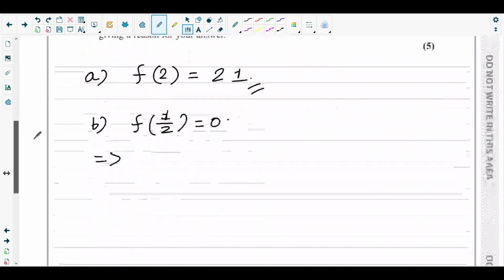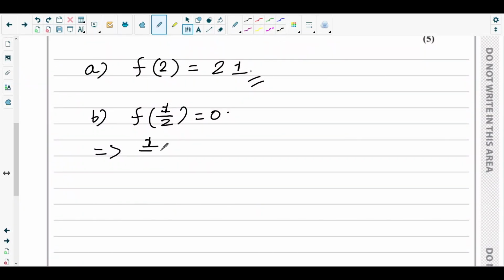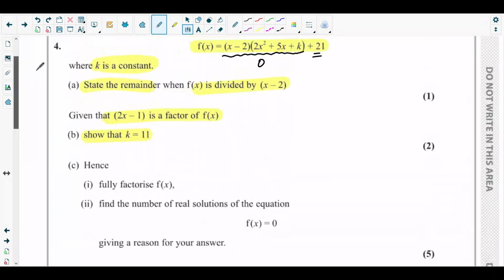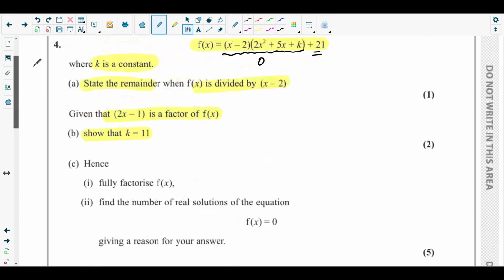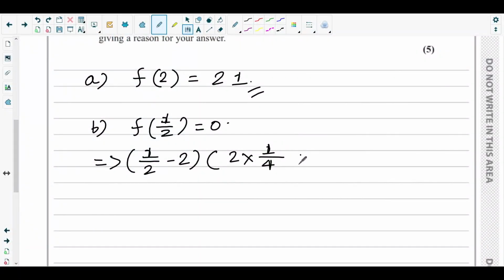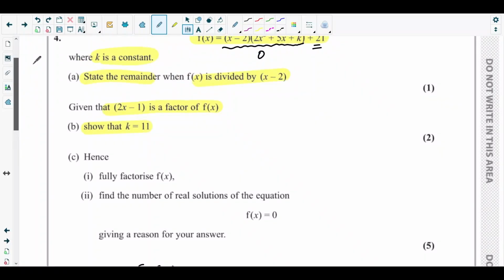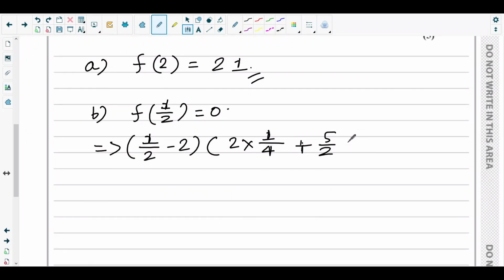You will get 1/2 − 2, times 2x squared. So 2x squared is basically 1 over 2, since x is a half and x squared is 1 over 4. Then plus 5x, so plus 5 over 2, and then plus k plus 21.